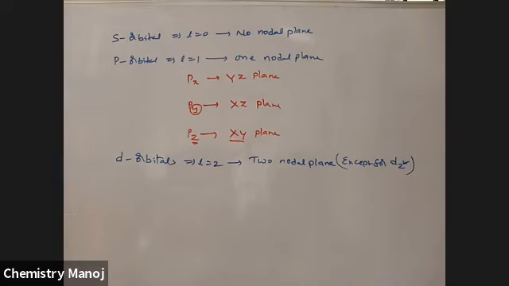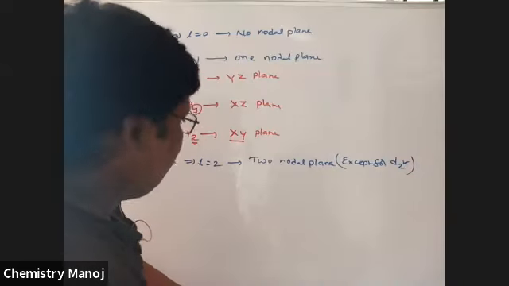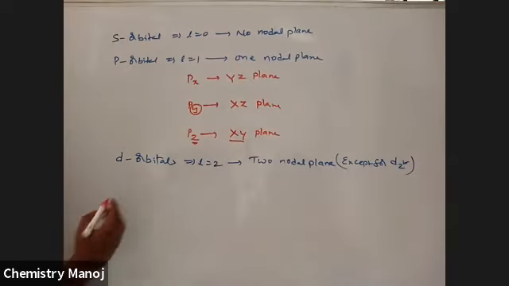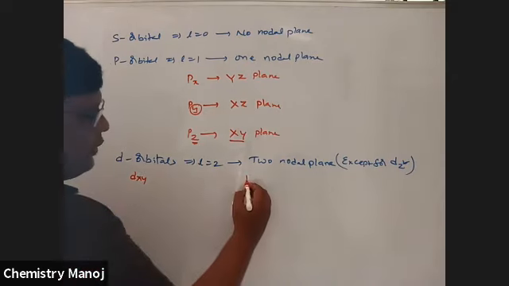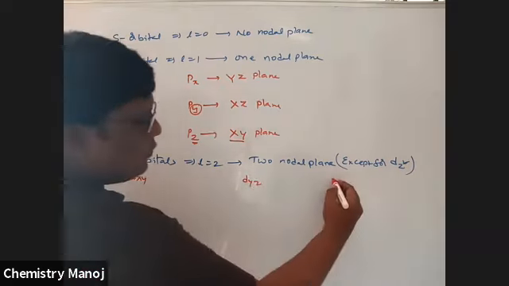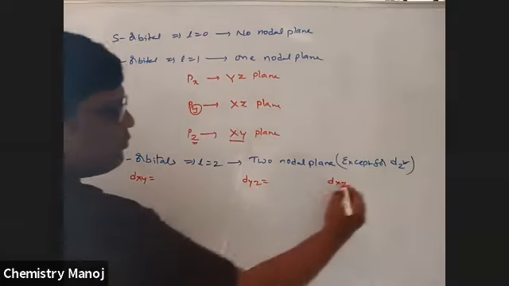And what are those orbitals? See here. Those orbitals are dxy, dyz, dxz. These are the three orbitals.